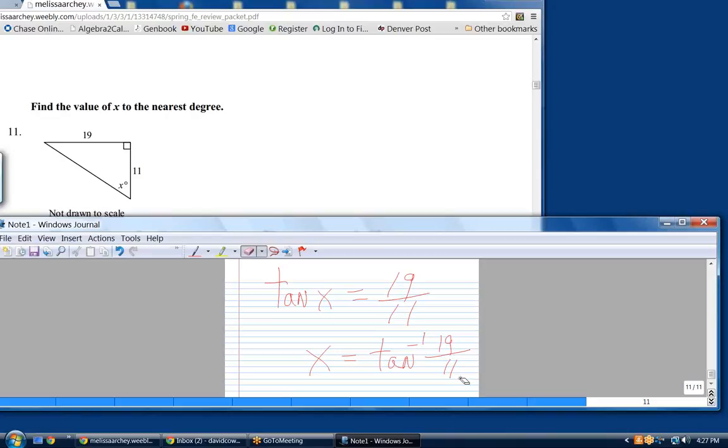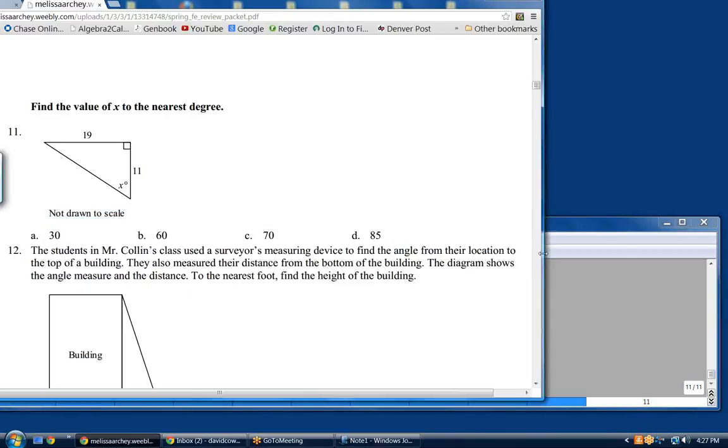All right, that comes to 59.93. Okay, and that makes a certain amount of sense. This has to be a bigger angle than this one does. So if I came up with an angle less than 45 degrees, I would have known you made a mistake. Right? By the same thinking as the last problem?